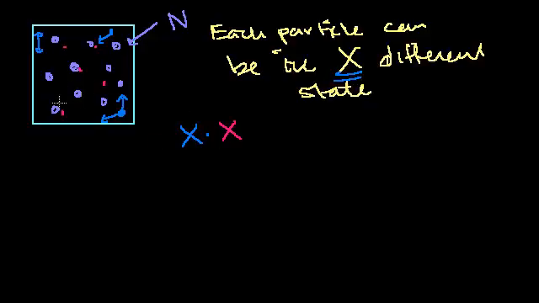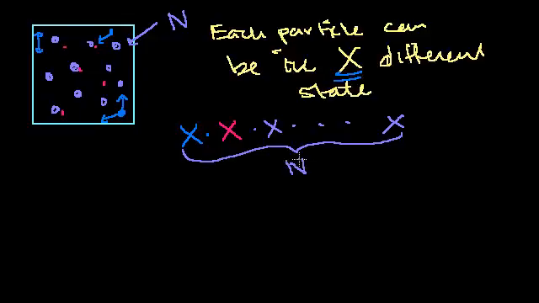And then you'd get all the different configurations for the system. But we don't have just two particles. We have n particles. So for every particle, you'd multiply it times the number of states it could have. And you'd do that a total of n times. And this is really just combinatorics here.